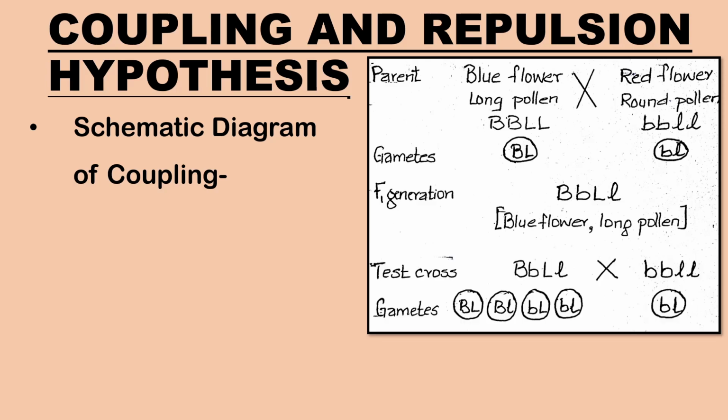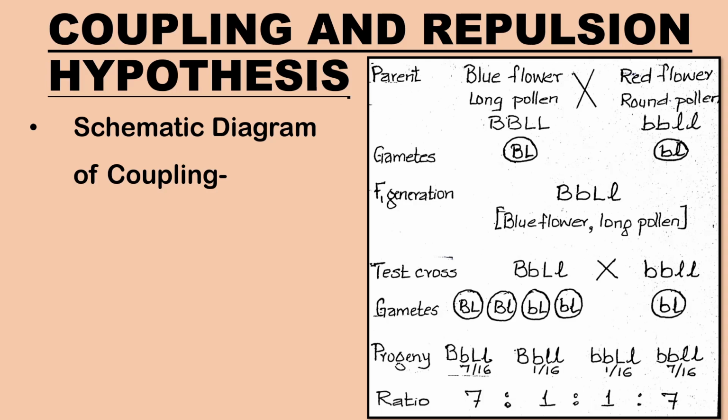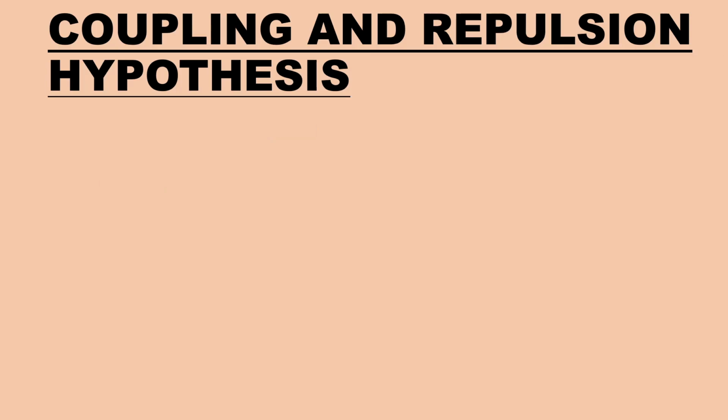A test cross with F1 dihybrid with its double recessive parent showed phenotypic ratio of 7:1:1:7. The ratio shows that the dominant alleles and the recessive alleles have the tendency to remain together. This was termed as genetic coupling.